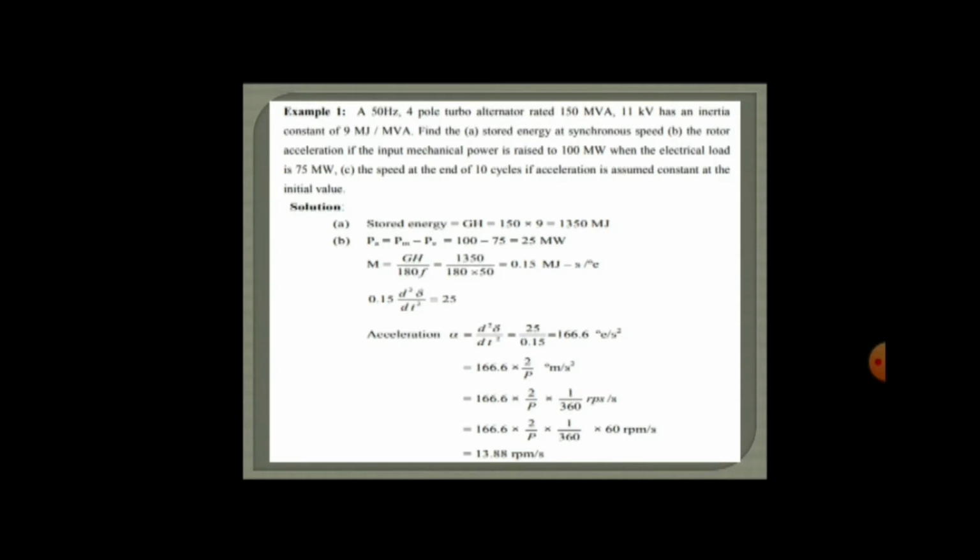Pi means 180 degrees, so 180 degrees into F. So what is the F value? Here GH value we already calculated, that is 1350. Or G value is 150 into 9, you will get 1350.